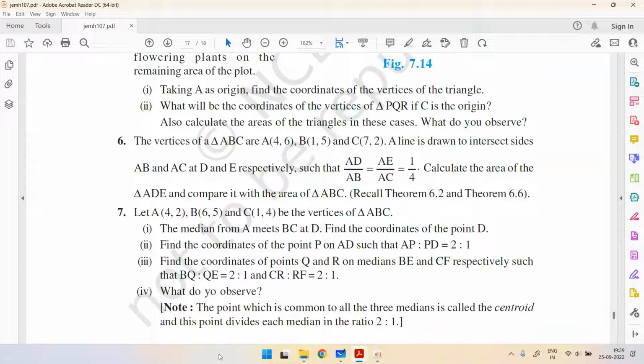The point where the medians meet is called the centroid.